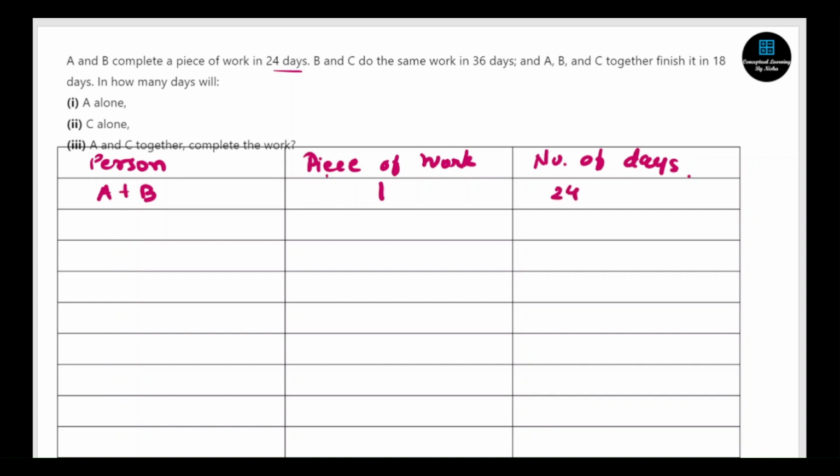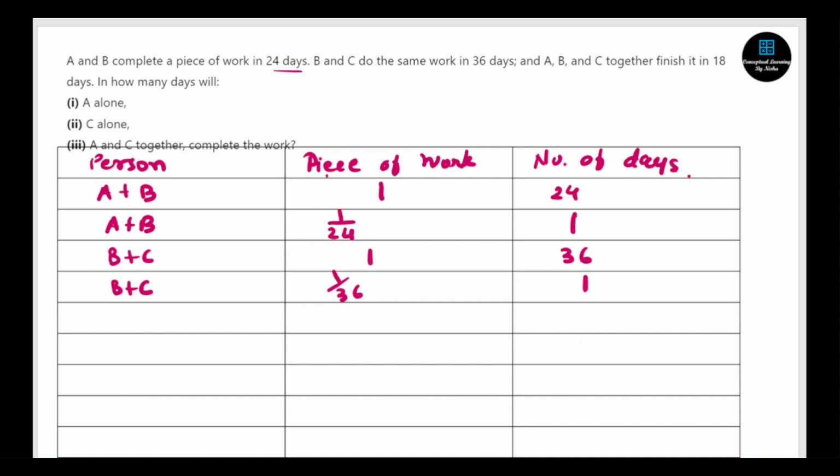Again the same method, for one day. A and B together, how much work can they complete? 1 over 24. Then B and C do the same work in 36 days. So B and C together can complete 1 over 36 work in one day.